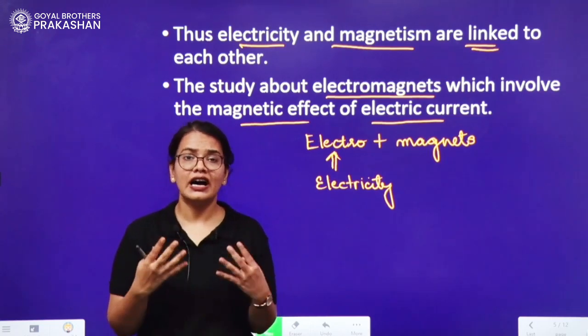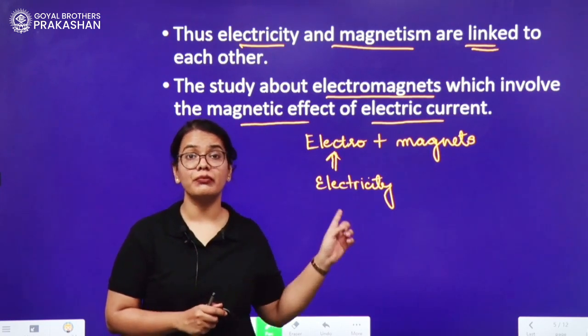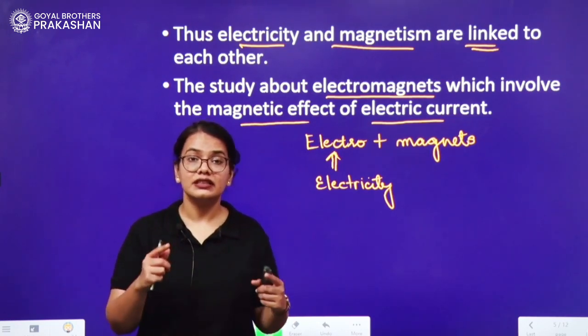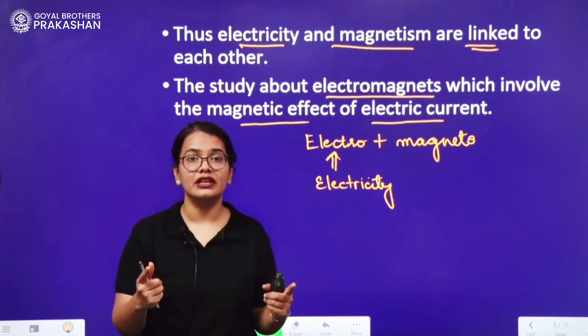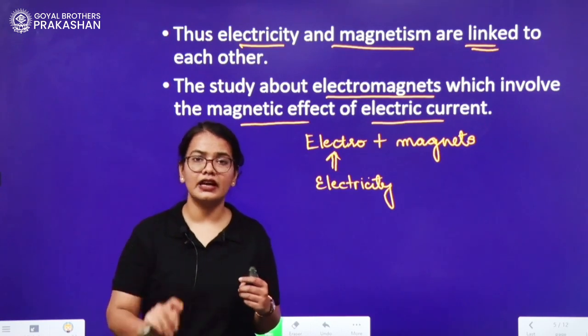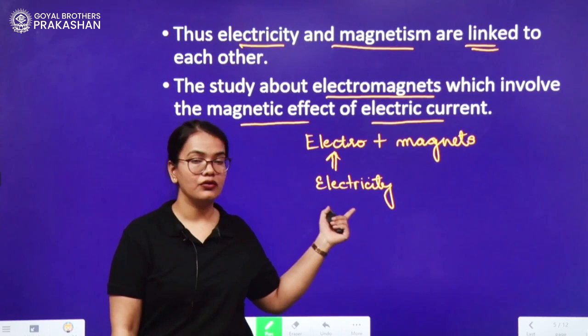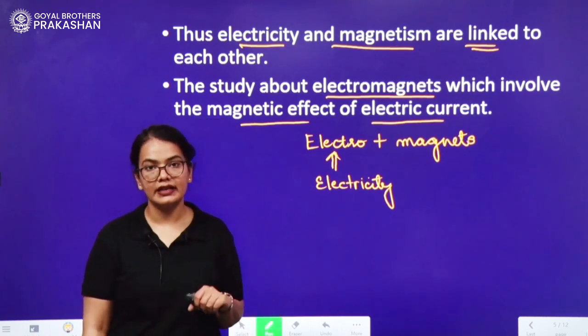Such highly advanced equipment is based on the principle of electromagnetic induction. Electricity is supplied to such a high level that it is able to run huge trains at a very high speed. So such a humongous application is of this concept, electromagnetic induction.